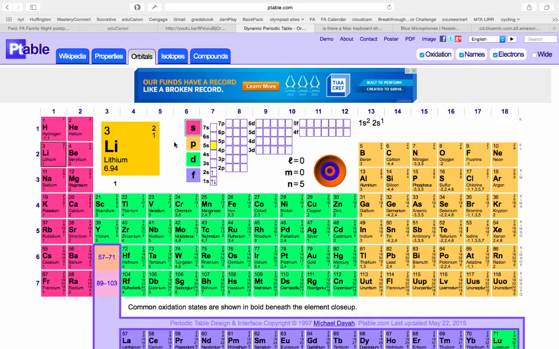That's not really important to our discussion right now, although the charges that atoms get have to do with their electron configuration. But we'll get back to that a little bit later. So for now, let's just see how we can use the periodic table to help us write the formula of something that we don't know. So let's say that we are trying to write the formula for lithium bromide.